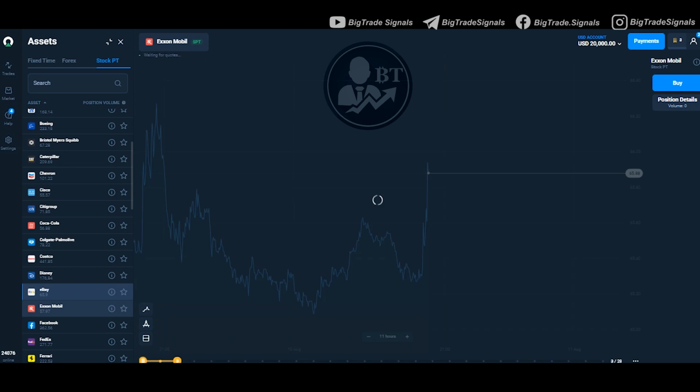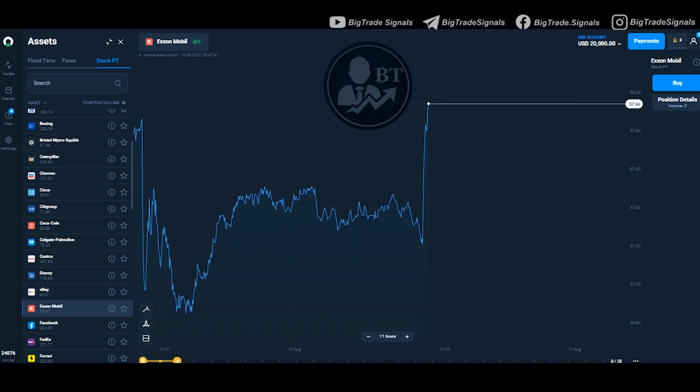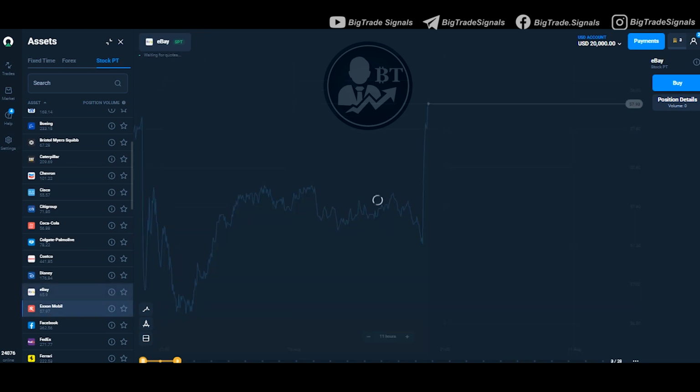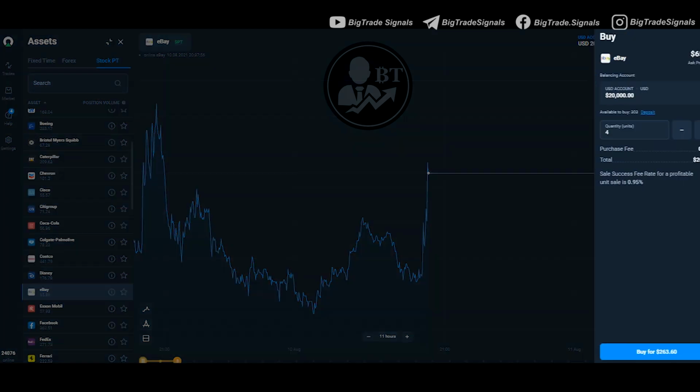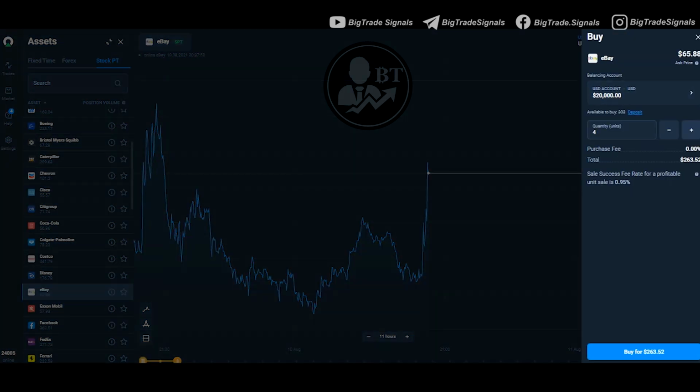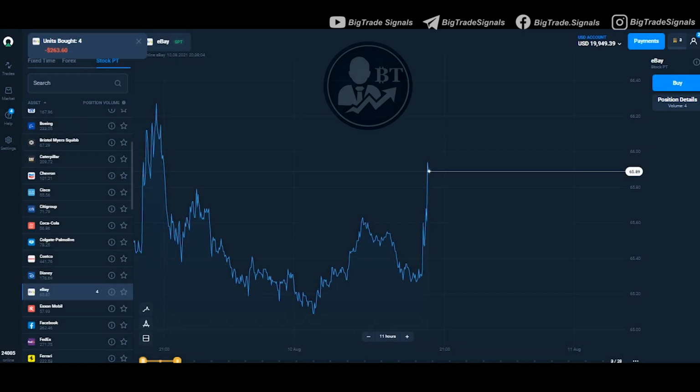So, before I show you how to use this tool, let's deal with the theoretical part of it. SPT is a financial derivative whose underlying asset is stock of companies. In general, the SPT mode is as similar as possible to trading real stocks on the stock exchange.